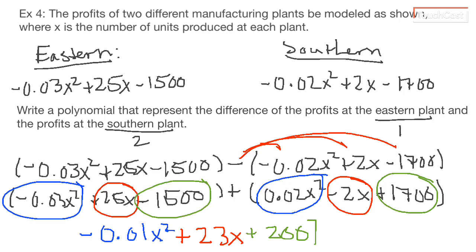So our expression for the difference of these two plants is going to be negative 0.01x squared plus 23x plus 200. And that wraps up our lesson on adding and subtracting polynomials.